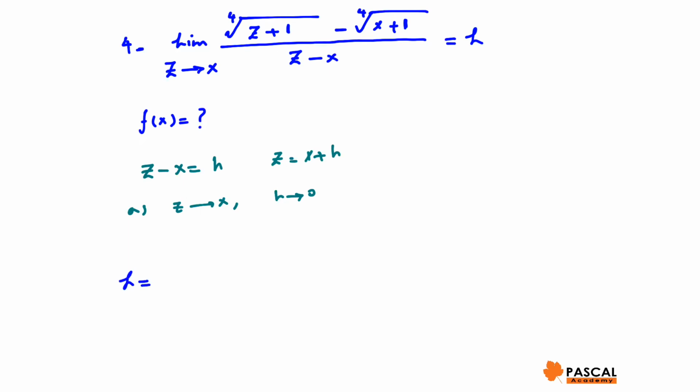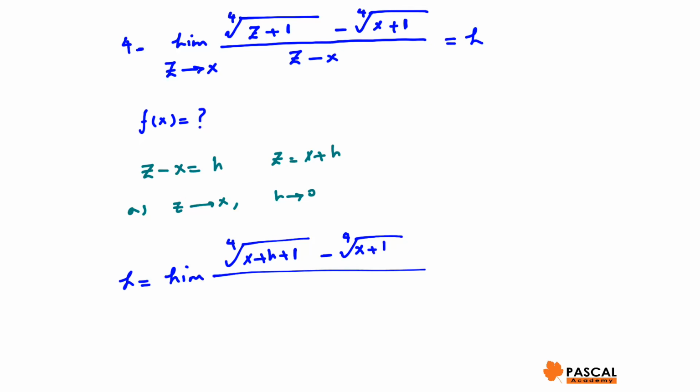Therefore, L can be written as the limit of fourth root of x plus h plus 1 minus fourth root of x plus 1 over h as h approaches 0, which is the derivative of the fourth root of x plus 1 using first principle.